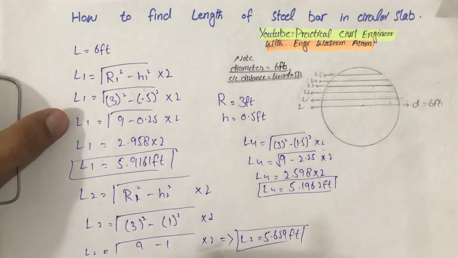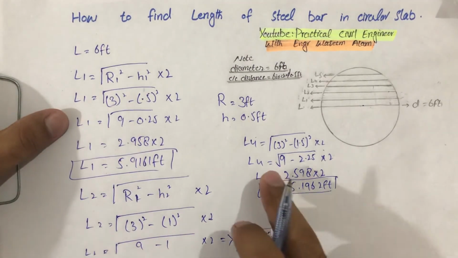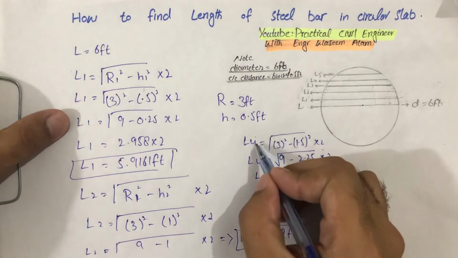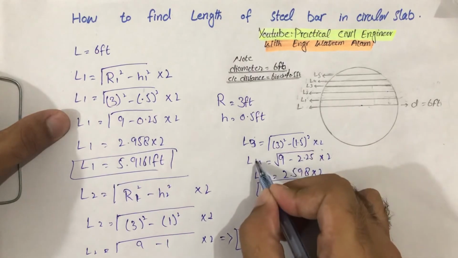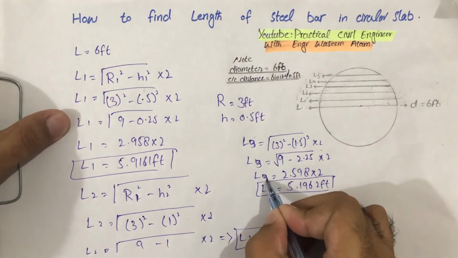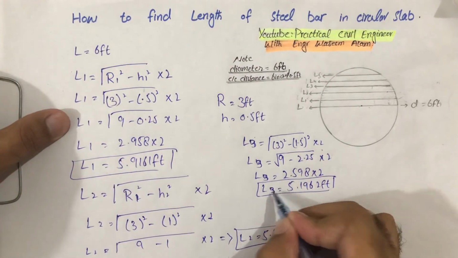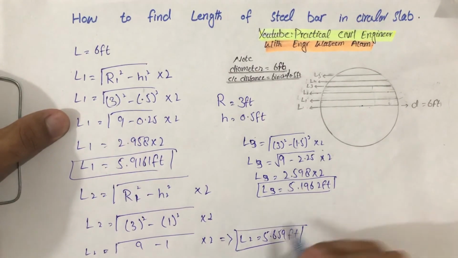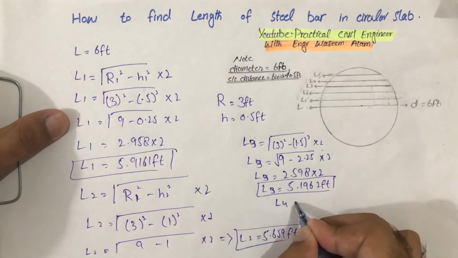So L1, L2, this is L3, sorry for that. So the L3 length will be 5.196 foot. Now we have to find L4.